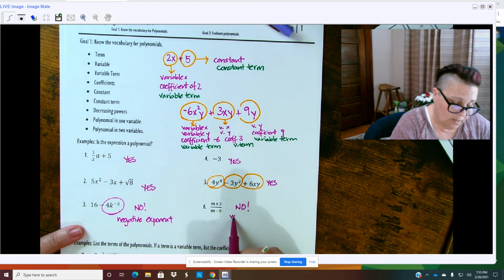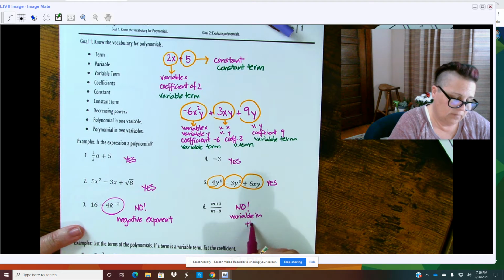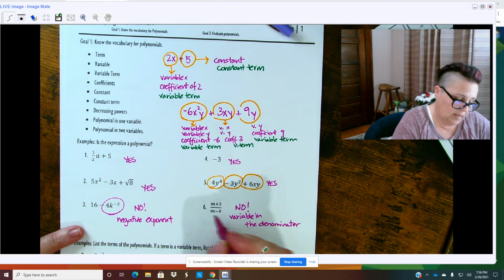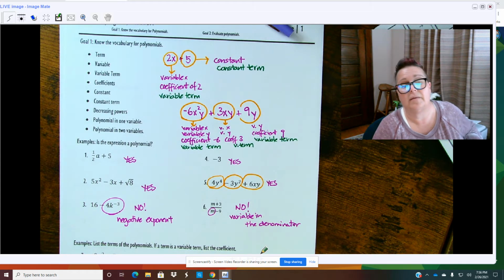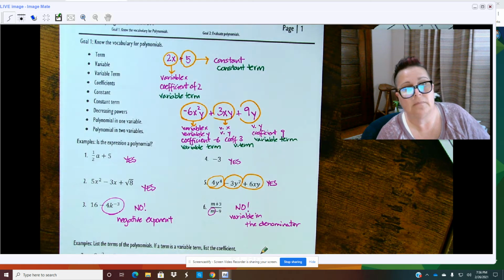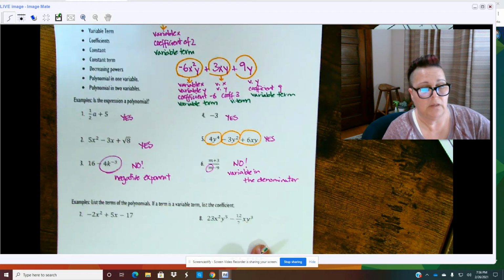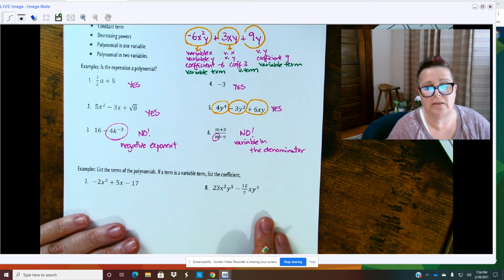When asked why not, because we have a variable in the denominator. That's what ruins it for us. This m right here, that's in the denominator.